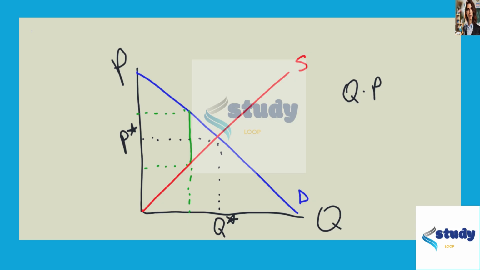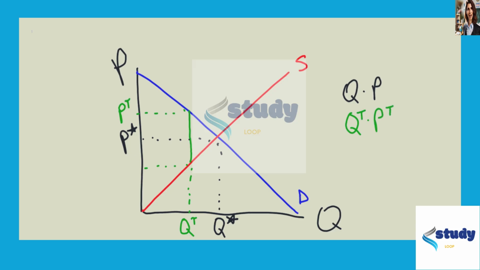It's going to be our quantity with the tax and the price paid by consumers with the tax. So now the total spending by consumers is going to be QT times PT.